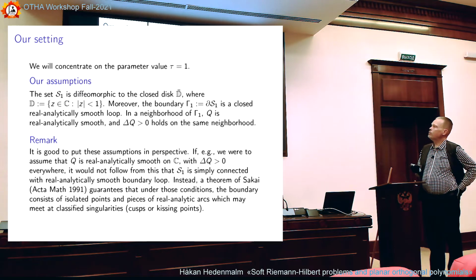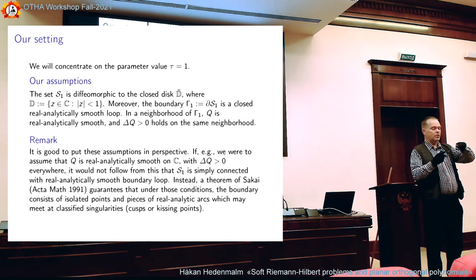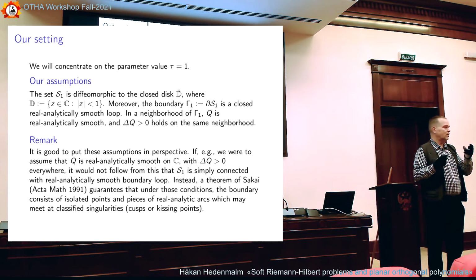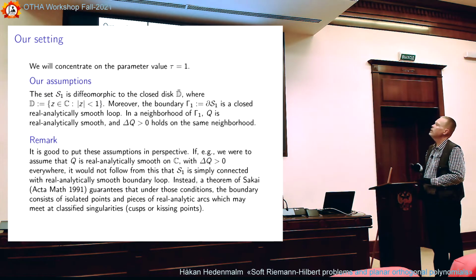Now I will fix, for convenience, the parameter value tau to be 1. And then we look at natural assumptions. We assume that the contact set, this droplet, is just a single component without islands inside or holes.